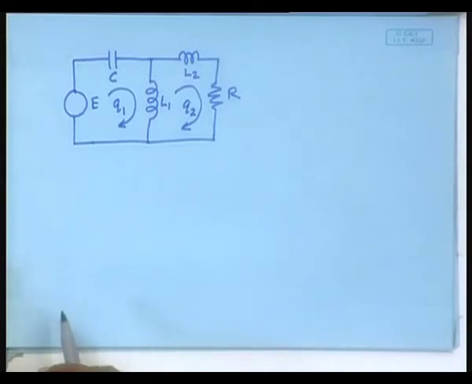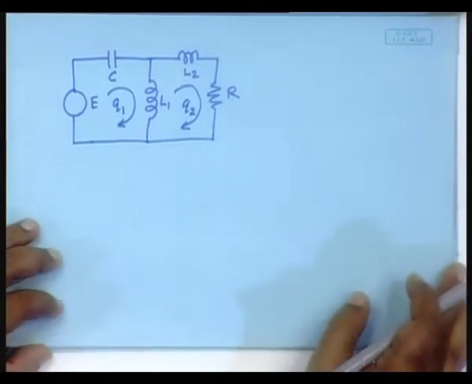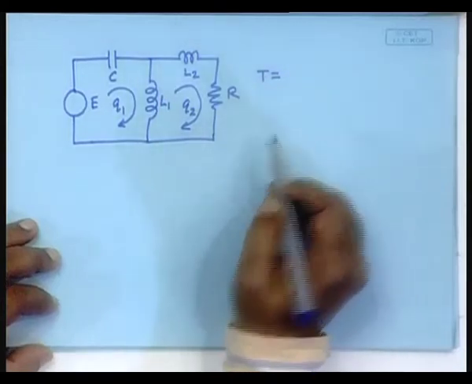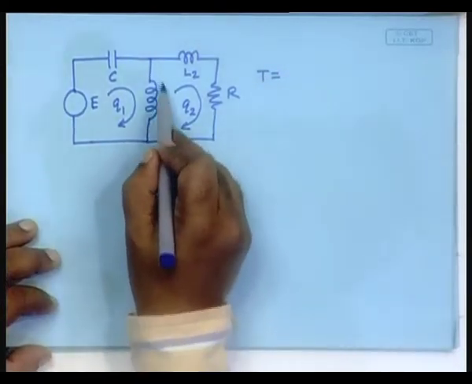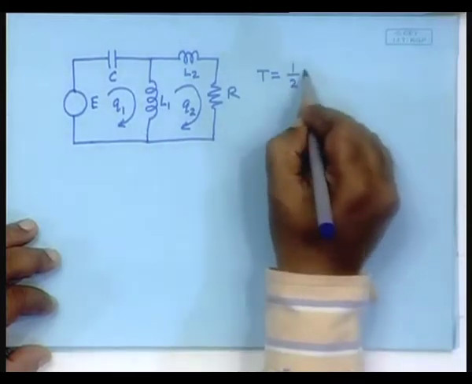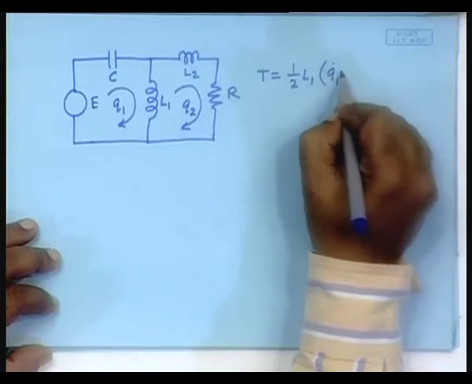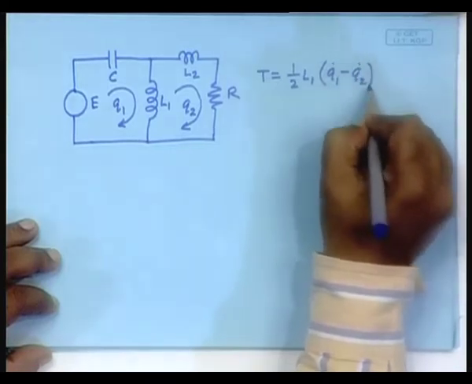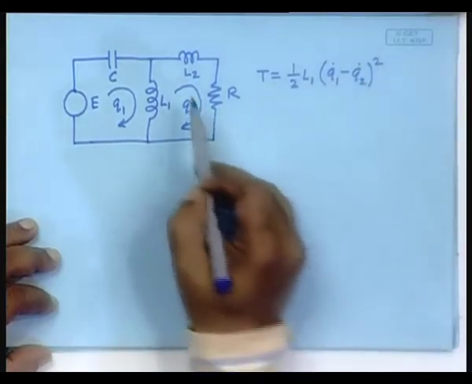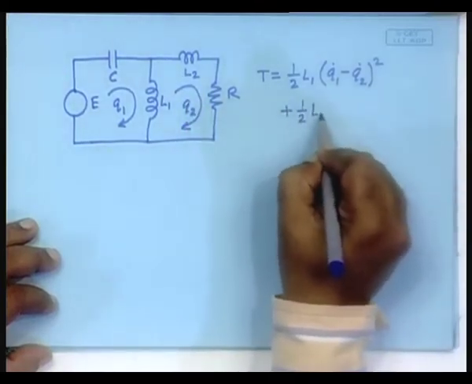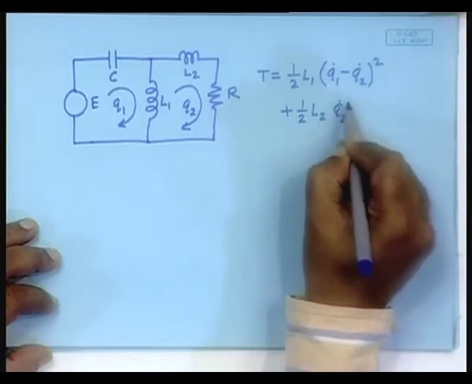Fine. Now, we would say that my T is the energy stored in this one, half L 1 (q 1 dot minus q 2 dot) square, plus the energy stored in this one, which is plus half L 2 q 2 dot square.